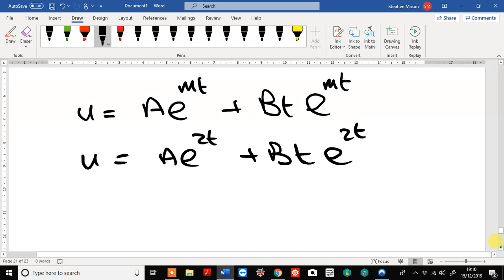And we can simplify that a little bit: u equals e to the 2t times a plus bt.